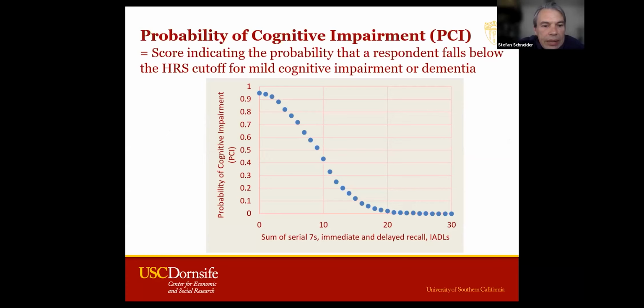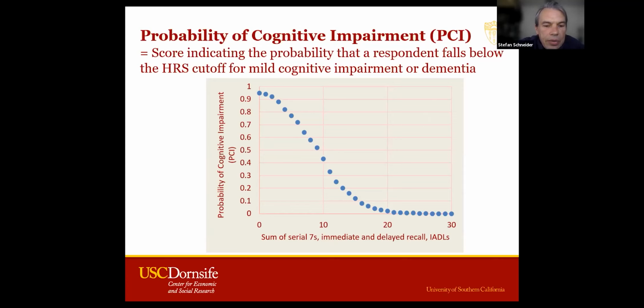So what that yields is what we call, for each respondent, a probability of cognitive impairment score. So we're not saying this person has cognitive impairment, the person does not have cognitive impairment. We're giving you for each individual a score that gives the probability that a person has cognitive impairment.